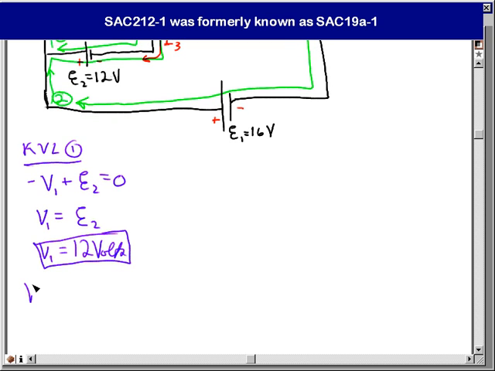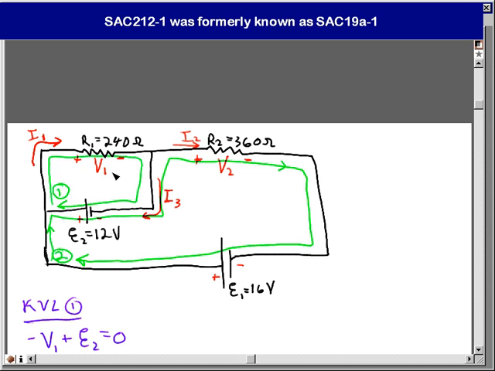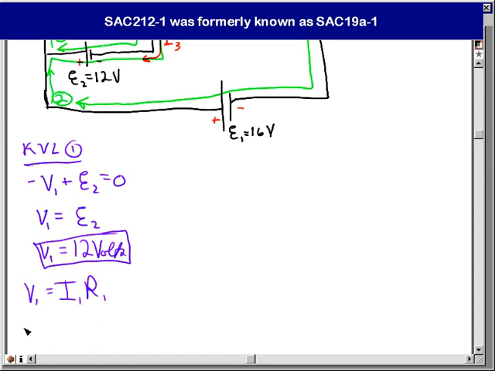And now that I've got that, I can use V1 equals I1 R1, where V1 is the voltage across R1 and R1 is, of course, the resistance of R1. I'll go ahead and solve for I1. I'll give myself a little more room here, too.